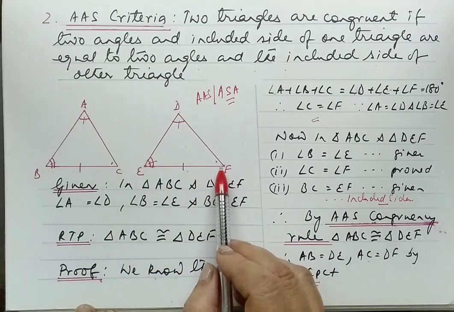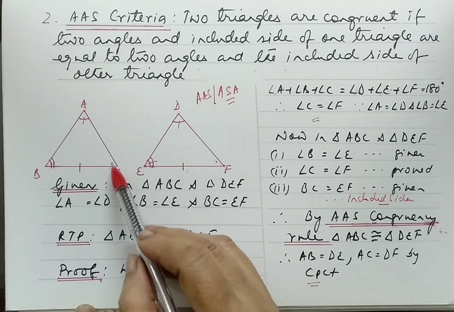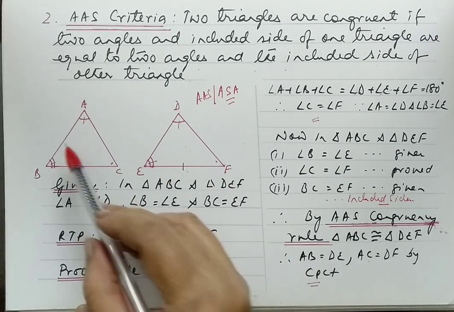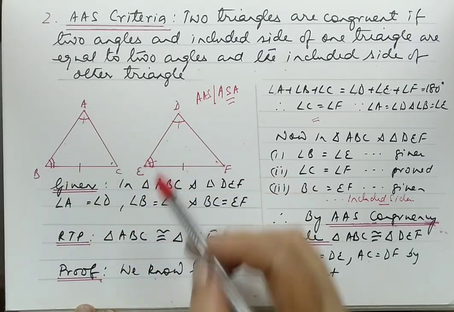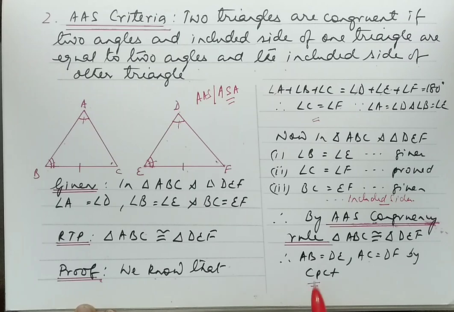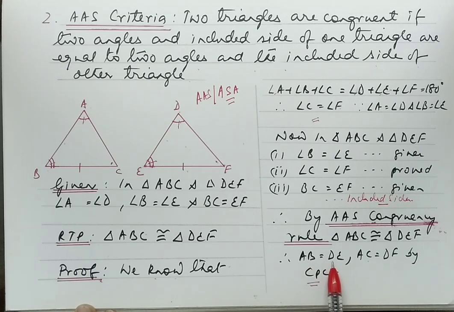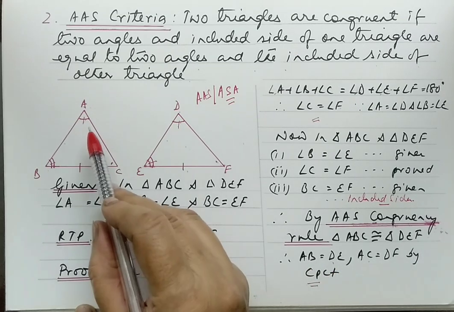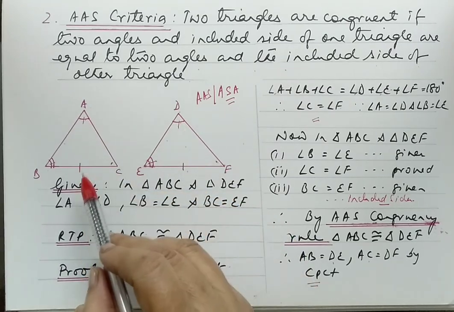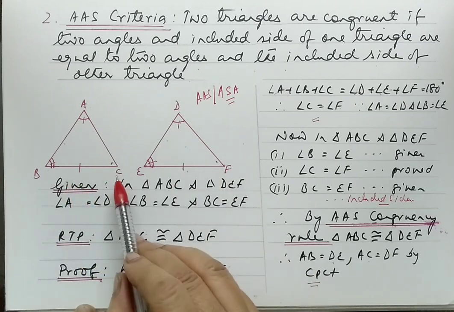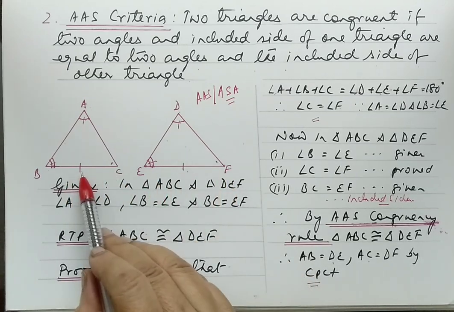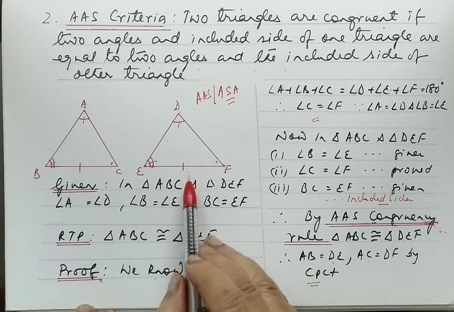C is equal to F. We have proved just now. Since C is looking at AB and F is looking at DE, they must match with each other. So we write AB equals to DE. Since A is equal to D and A looks at BC, we have BC equals to EF, which is why they have given them to be equal.